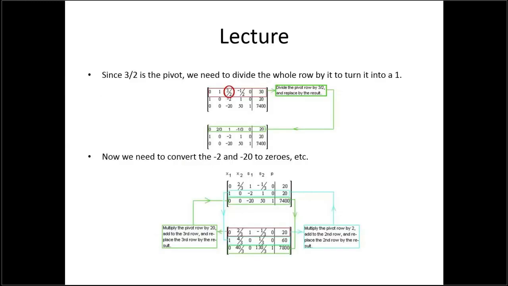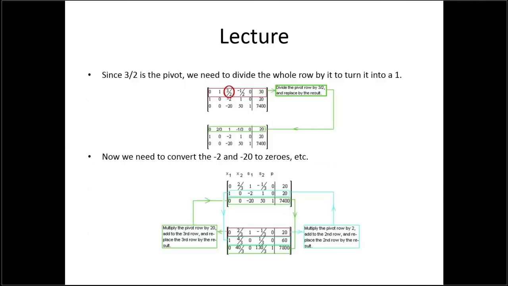Same approach. To turn that 3/2 into a 1, we need to convert the -2 and the -20. We need everything else to be converted into zeros, playing around a little bit with our matrix manipulation.